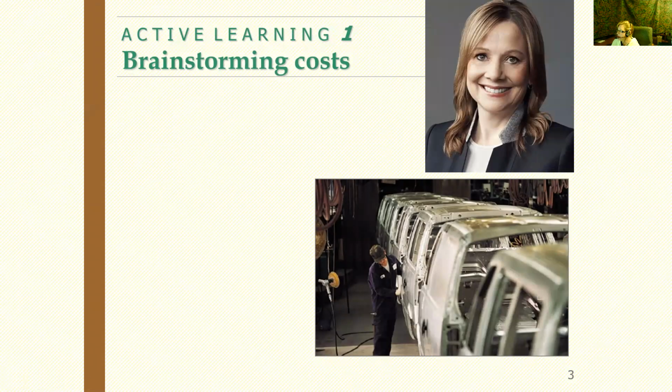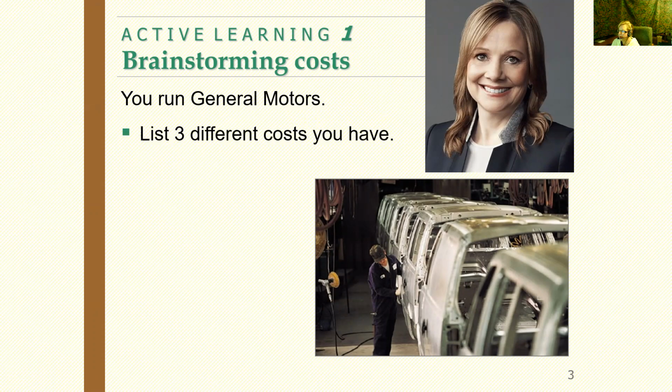All right, so here, if you don't know, this is the CEO of General Motors, followed by a snapshot of General Motors. So our first question is, let's say that you are the Chief Executive Officer of General Motors. Think about some different kinds of costs that you have. So many of you may be thinking already about the factors of production, and you might be thinking about the number one cost to most businesses, which is labor.